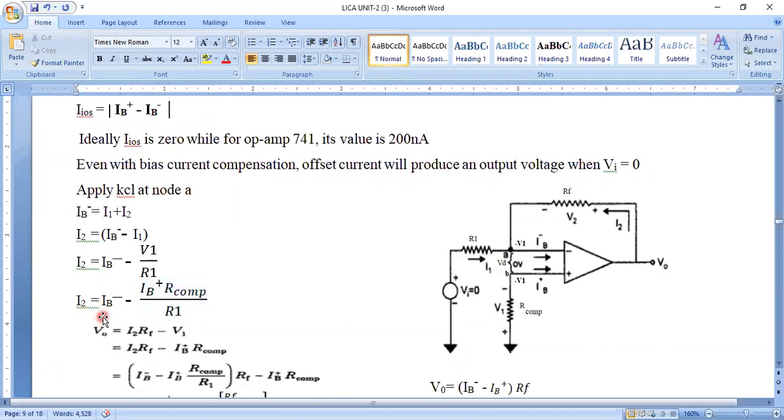Whereas I2 is equal to IB minus IB plus into R compensation divided by R1. If we simplify further, this is the value of I2 we got.